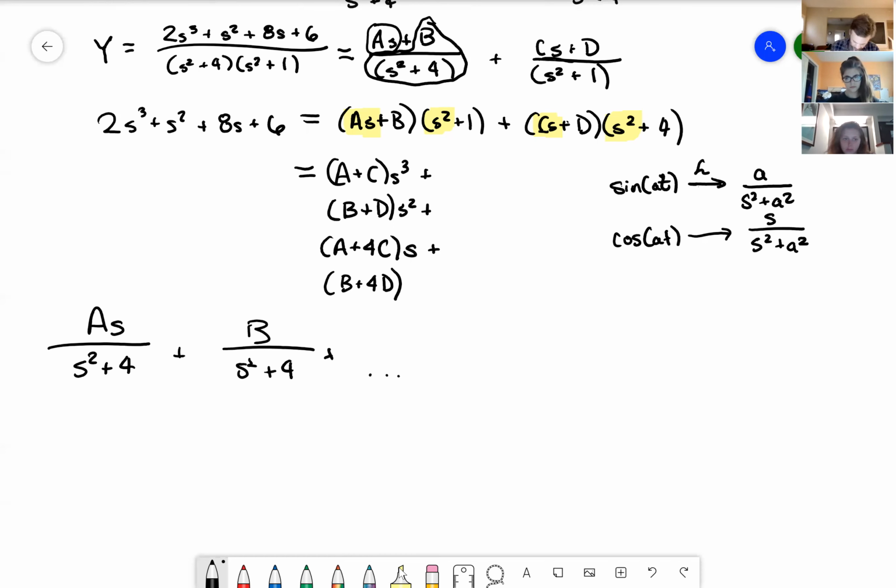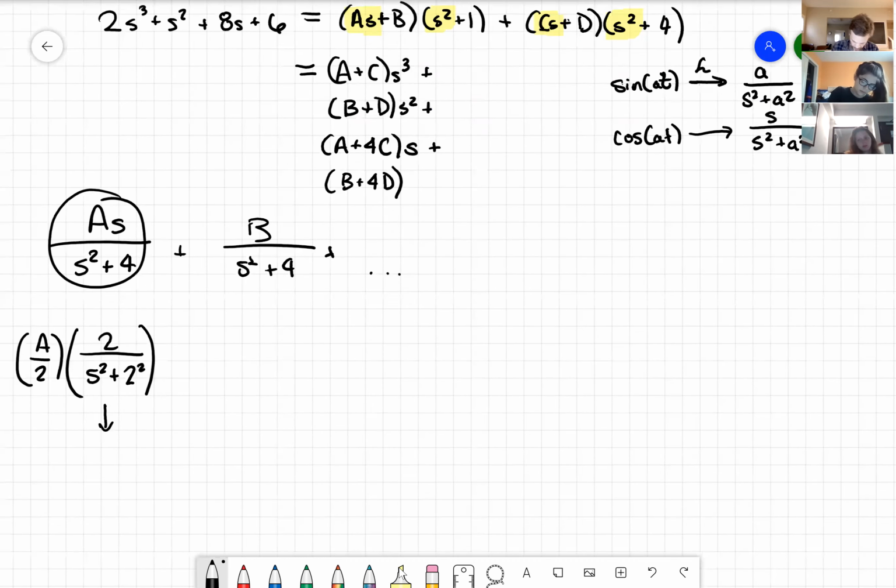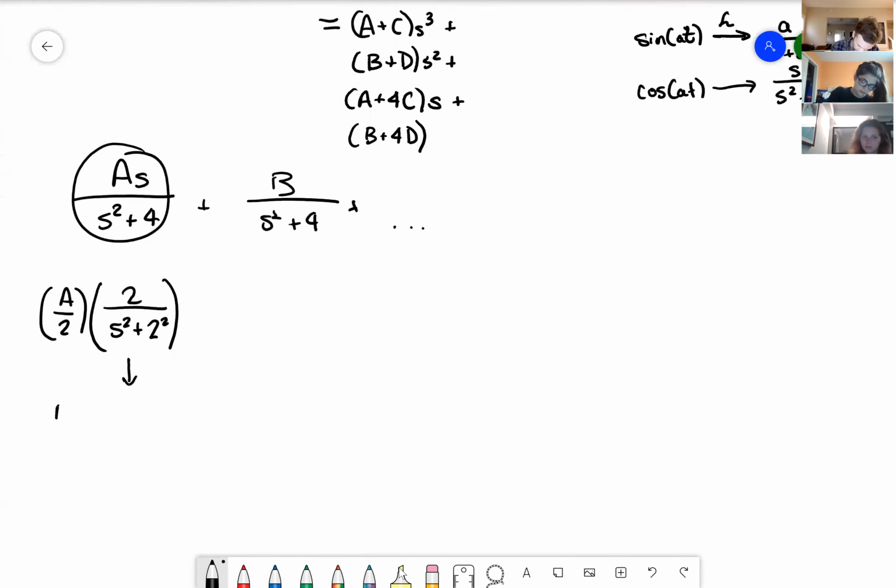And then what we'll get is we want this thing to be some constant times a over s squared plus a squared, right? So we're going to have an a over 2 out in front. And this will go to, taking the inverse Laplace transform, a over 2 times sine of 2t.